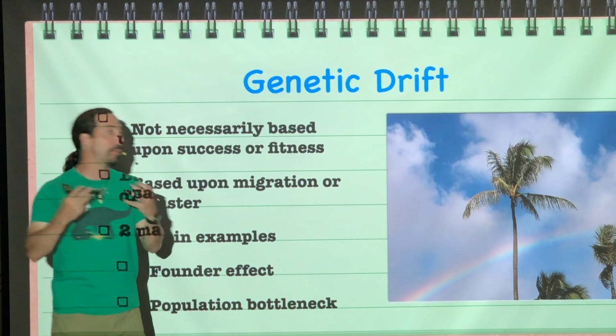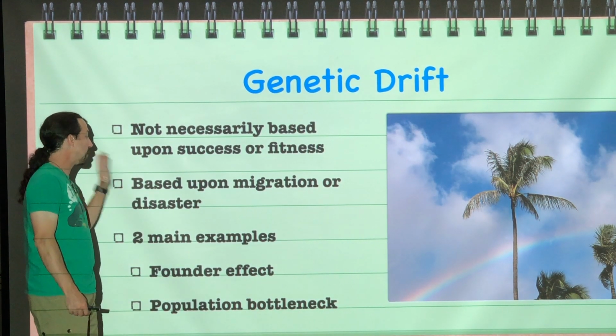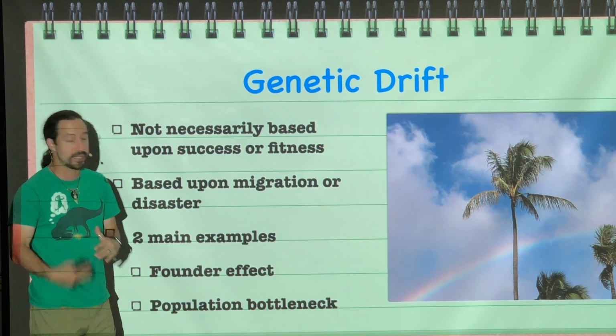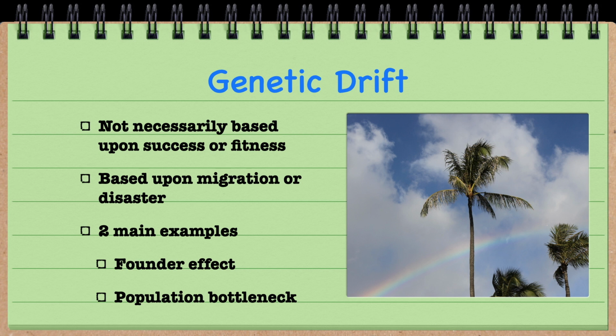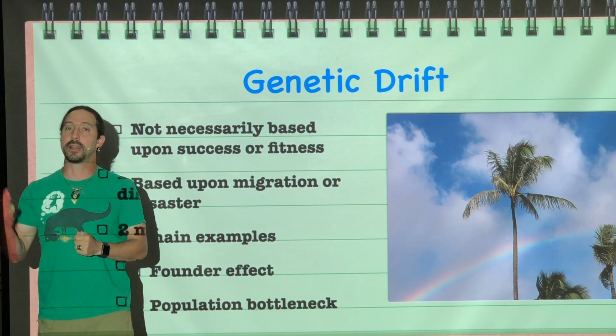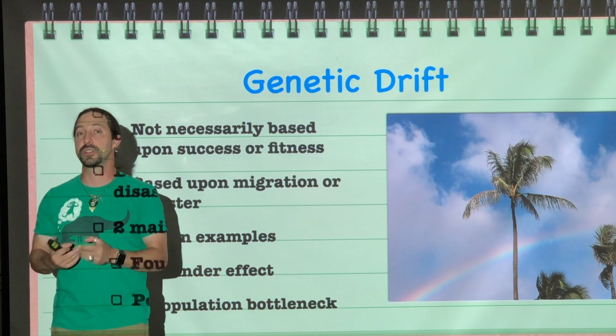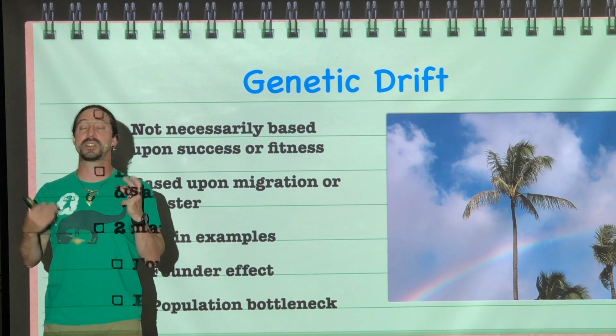It ends up being much more random than that, and it's based upon migration or some sort of disaster. The two different examples that we're going to look at are the founder effect and the bottleneck effect. The founder effect is due to migration, and the bottleneck effect is due to some random disaster that is going to cause a lot of organisms to die.